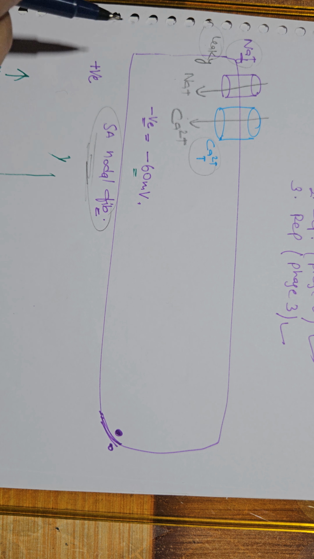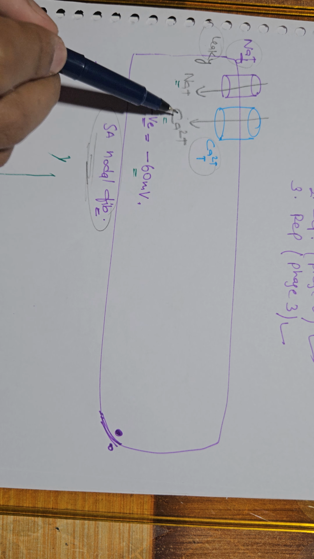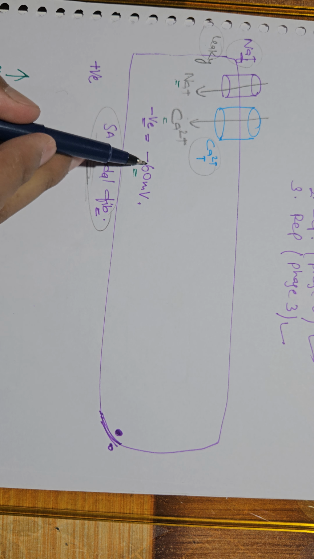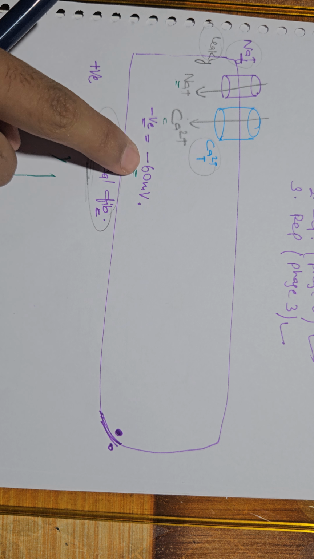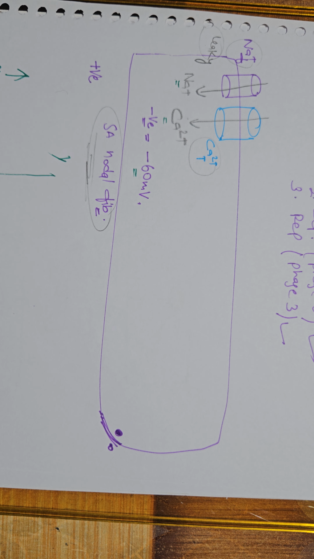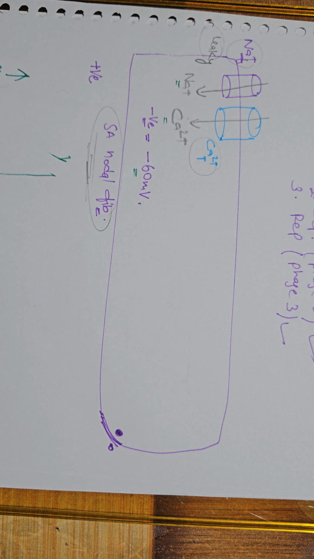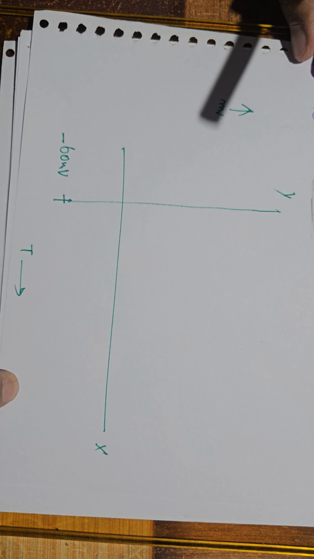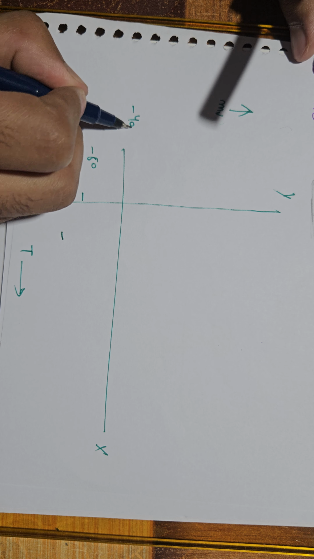Now what happens is, due to the entry of sodium and calcium, this negative gets neutralized. It becomes minus 50, then minus 45, then minus 40. So it moves towards a less negative value because sodium and calcium neutralize the negative.